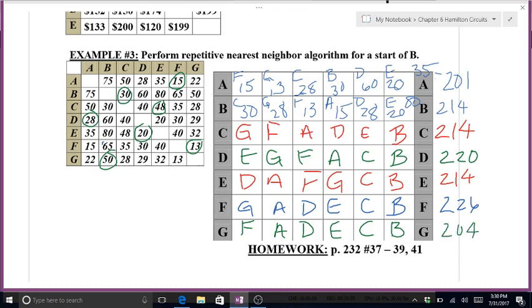So our shortest one, our cheapest, however you want to look at it depending on what these numbers mean, is going to be our first choice here.